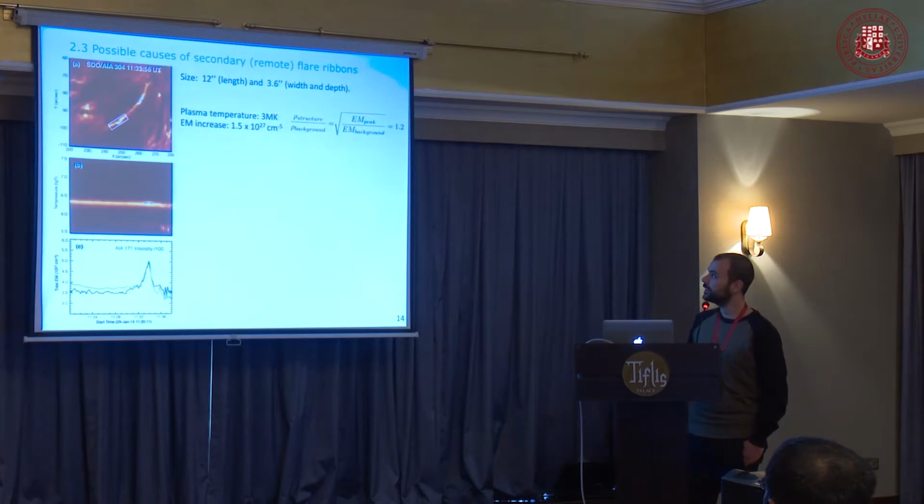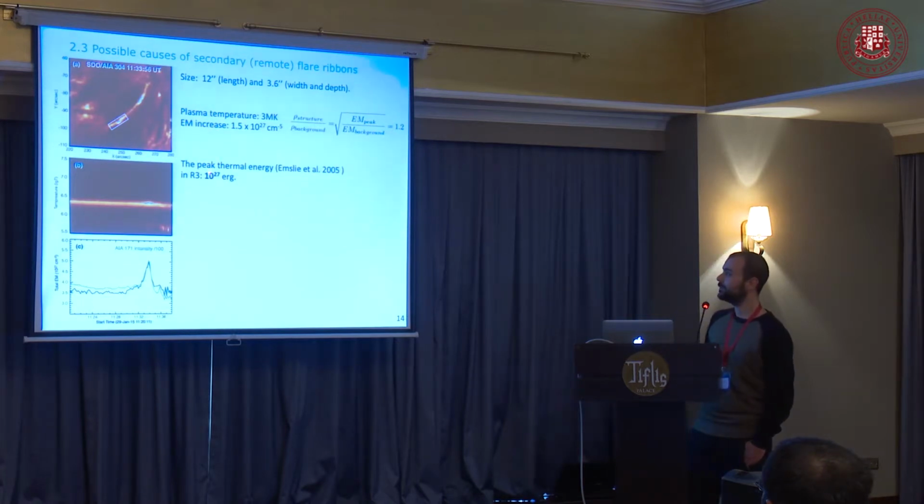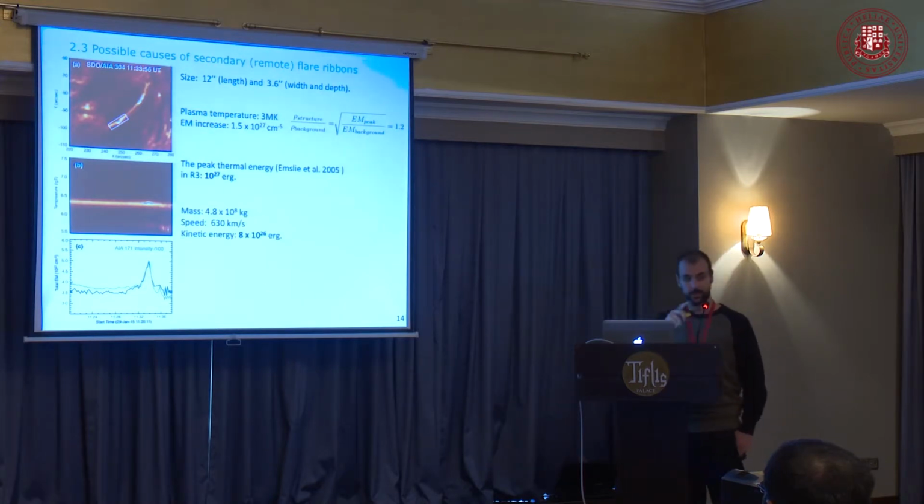And since we're here, we also calculated the increase in density, which is about 20%, which is more than 3 times what was reported before in the literature. The peak thermal energy at R3 was found to be 10 to the 27th ergs, and the kinetic energy only for this plasma structure was found to be 8 times 10 to the 26th ergs.